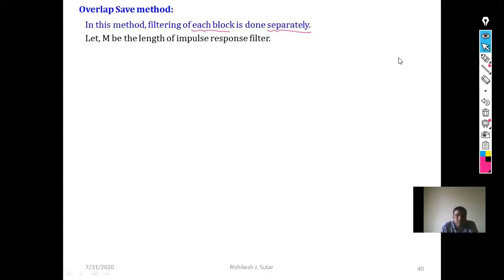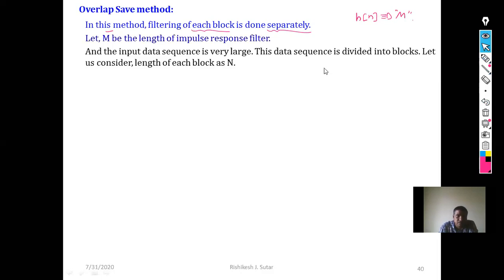Let us consider that M is the length of the impulse response filter. The impulse response filter is indicated by h of n, and let us consider its length is capital M. Now consider an input data sequence whose length is large.